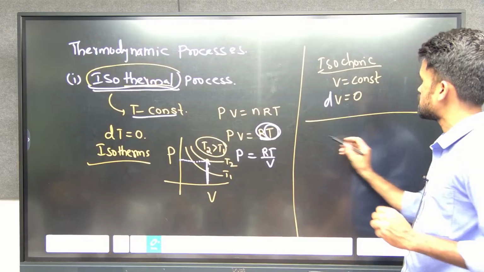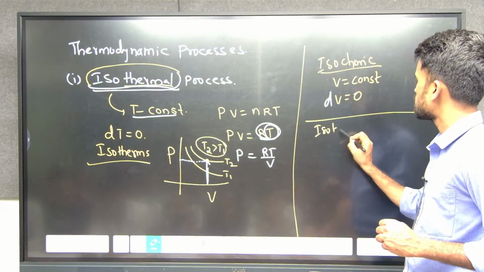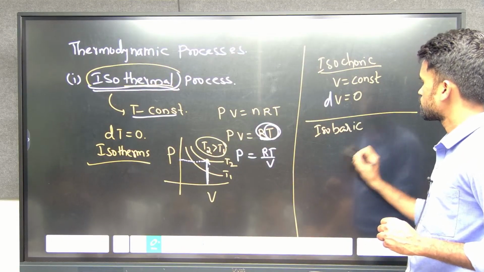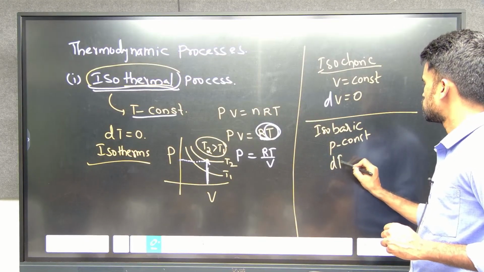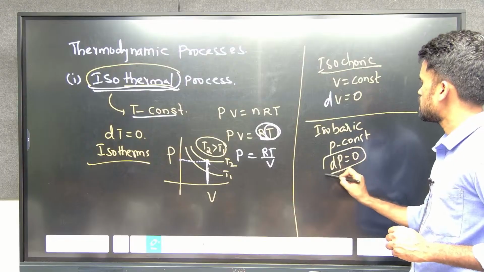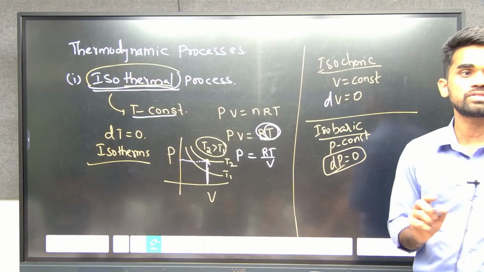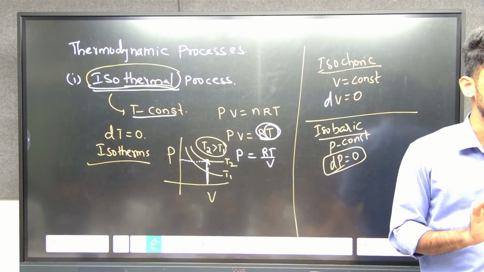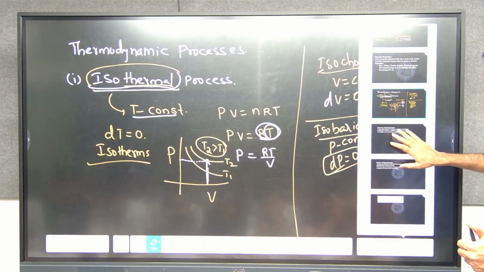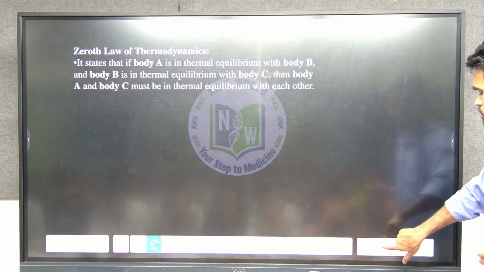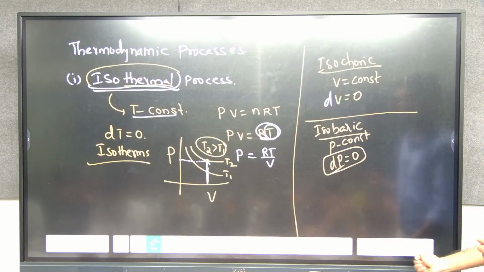The next process is isobaric. Isobaric means pressure is constant, so change in pressure will be 0. At constant pressure, the graphs are called isobars. Now we will move forward with the basic laws. The graphs, if anything is required, we'll do while doing the numericals.